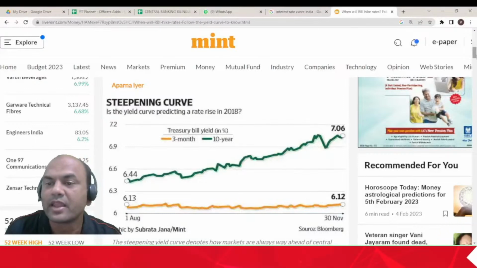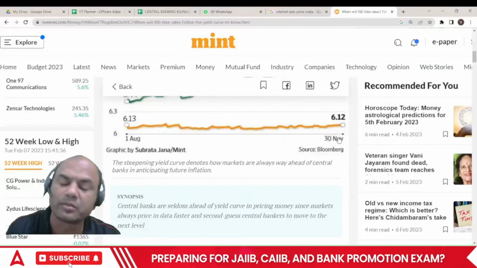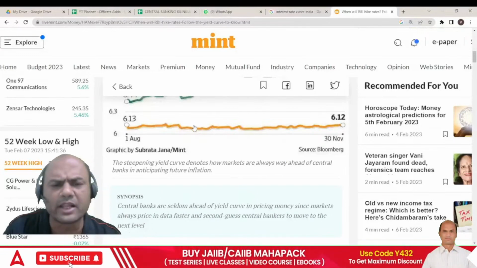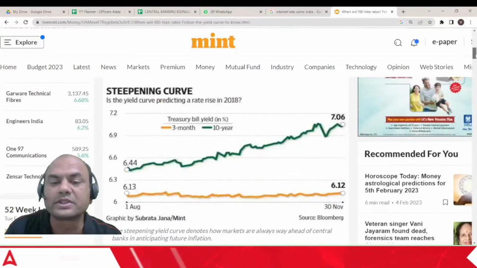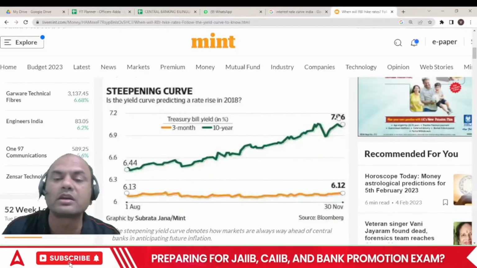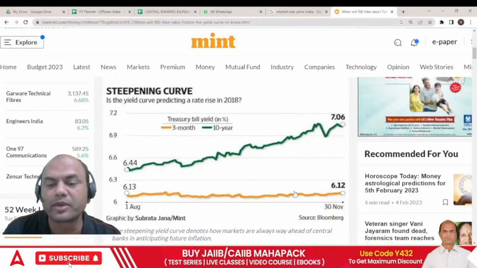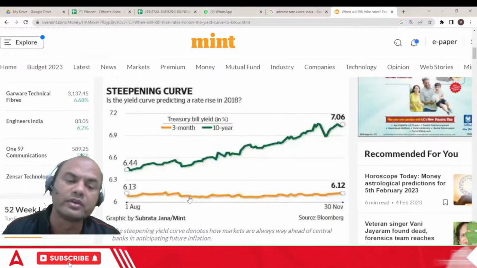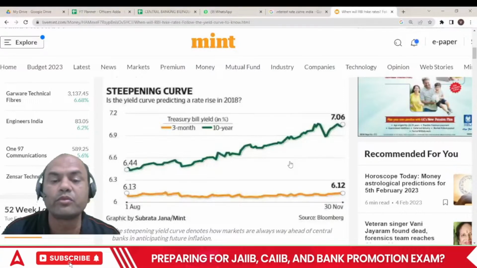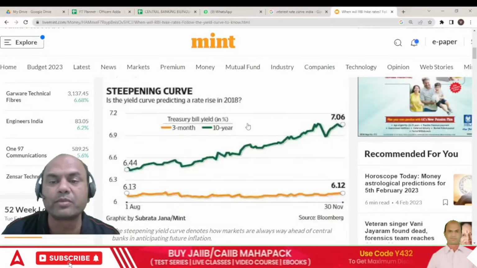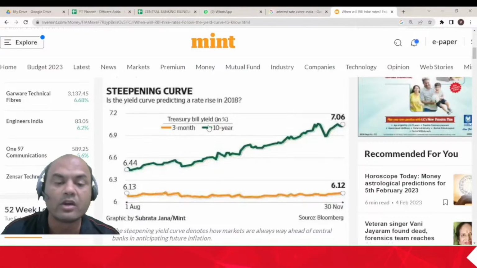And during this period, last year only, December 22, what was the growth percentage? The growth percentage was almost nil for all the countries. That's why this yield curve became flat, isn't it? So always remember, yield curve will give you the right picture of whether the country will be progressing, whether it will be growing at a higher rate or not.